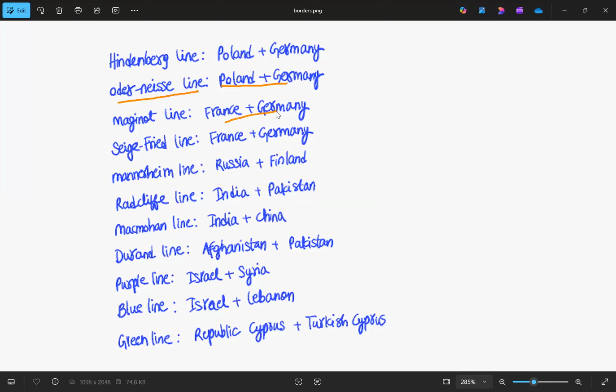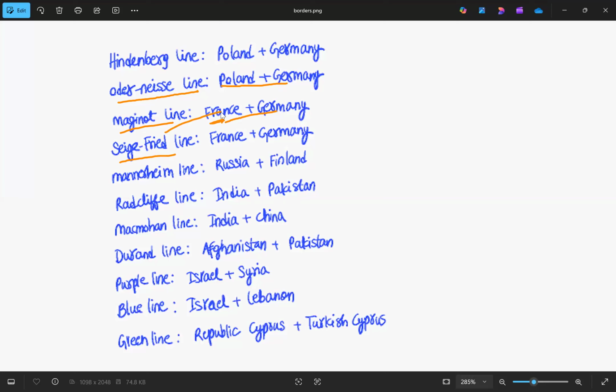Between France and Germany, we also have two lines. The first one is the Maginot line, and the next one is the Siegfried line. You can remember it as France, French, fried, fries, French fries.